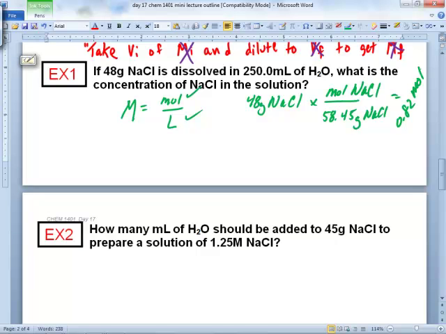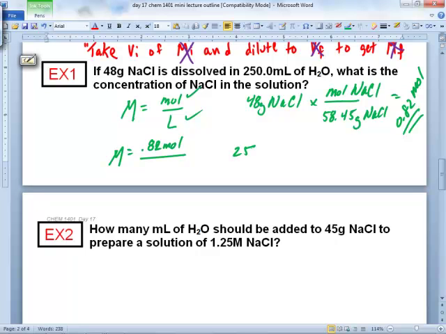Okay, so we've got the moles. Bianca, what would you do now? Okay, big M, 0.82 moles. But we still need, see what we're missing, Bianca? How are you going to get the liters? Convert from milliliters to liters. Okay, let's see if Yesenia can tell us how to do that.